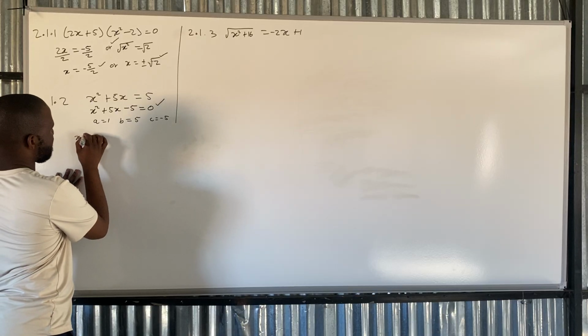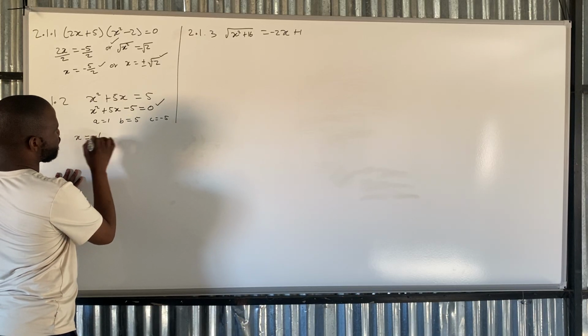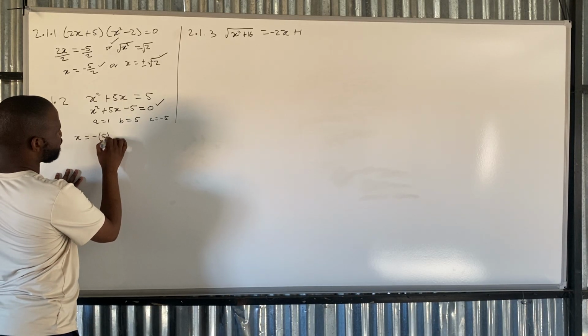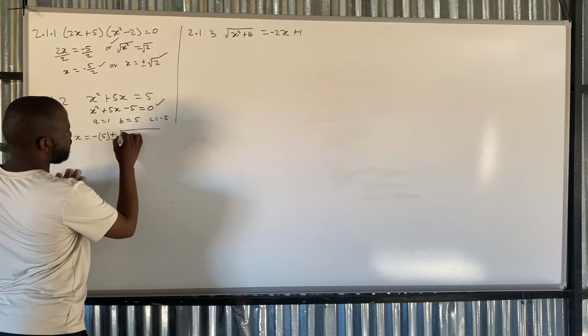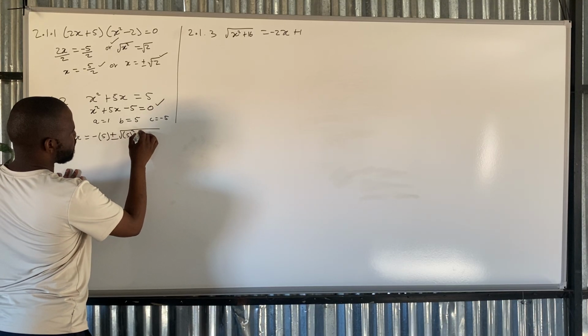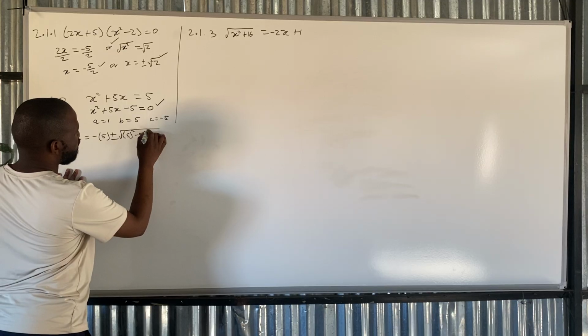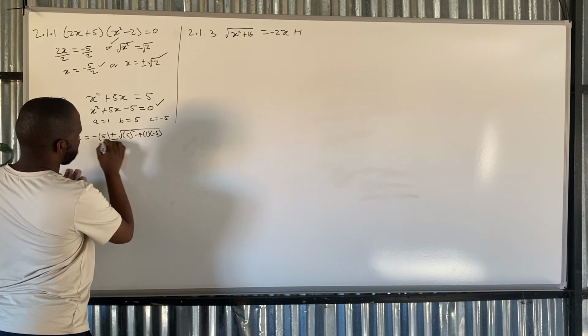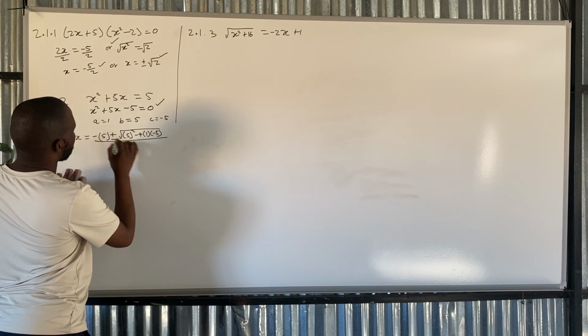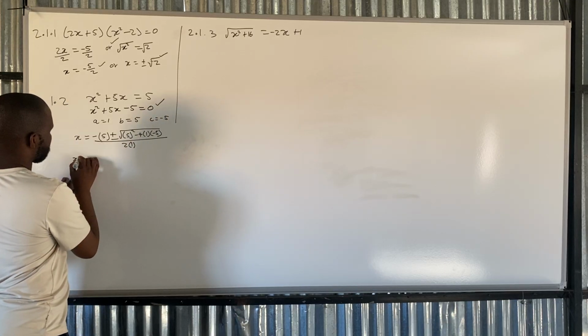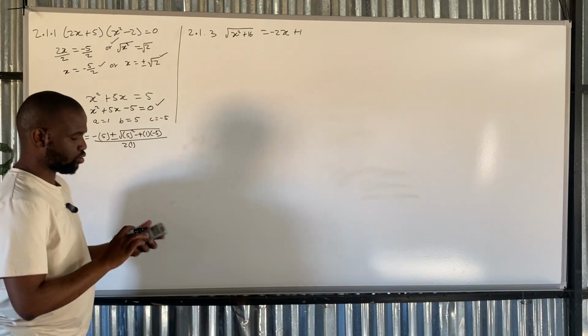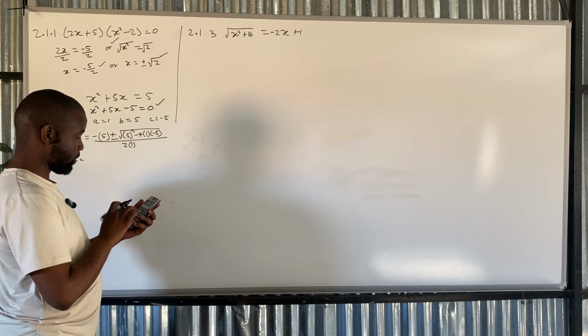So it's basically x is equals to negative 5, plus or minus the square root of 5 squared minus 4ac, all over 2, my a is 1. Then from here, let me punch my calculator and then give me the answers.